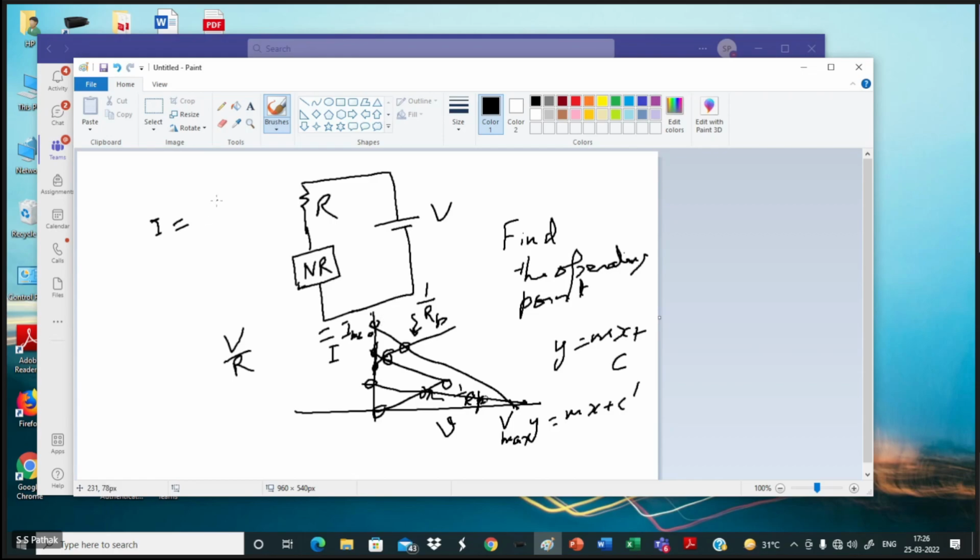M is delta I by delta V, which we take for the slope, and it will be negative, so it will be minus 1 by R. So I equals minus 1 by R into v plus I max, which is your capital V by R. A small v is the voltage that is coming across the device as variations along the load line. So this is for the load line.